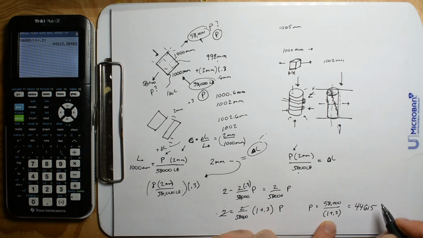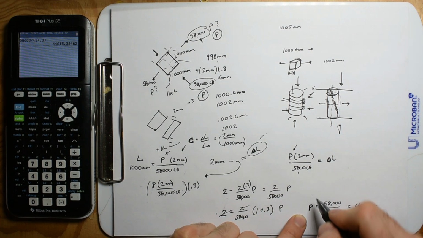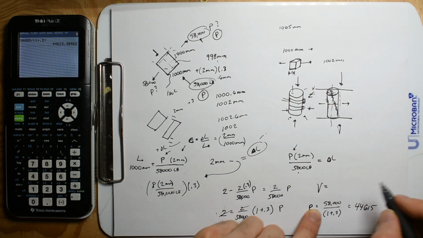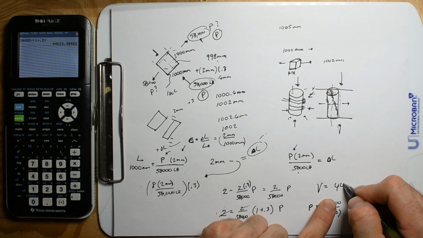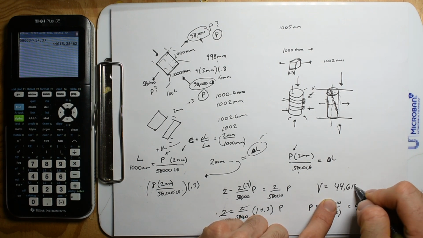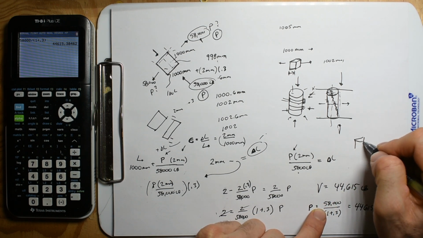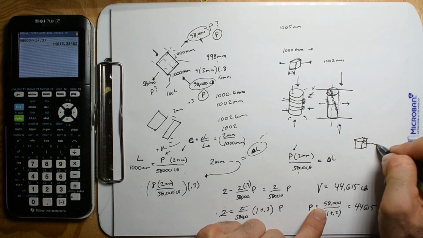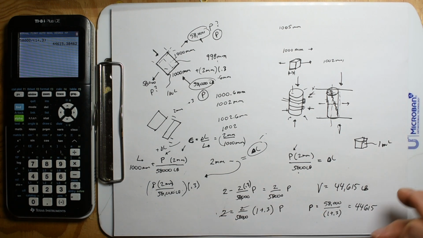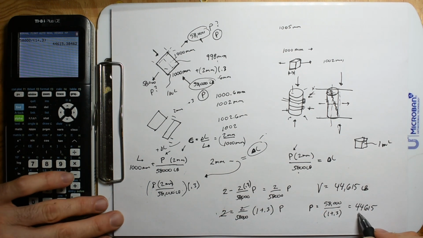We get 44,615, and this is our shear force. So the shear force is 44,615 pounds on a surface area of 1 inch squared. And then what's the ratio?